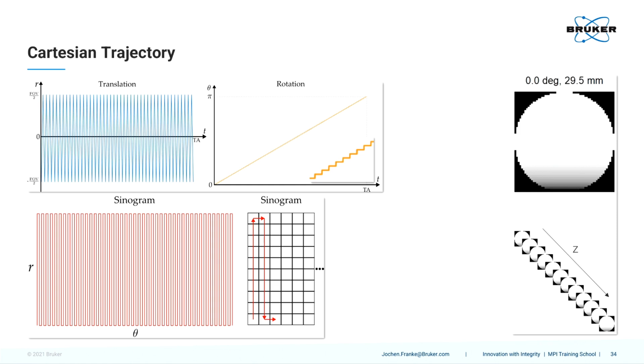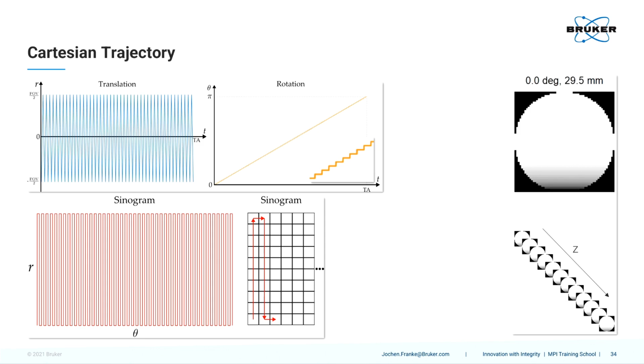So we have all three spatial coordinates covered in one repetition. And this is displayed here. We are wobbling our field-free line at a given discrete angle and a discrete offset through the Z direction, so along the bore line. So we span up a three-dimensional field of view.